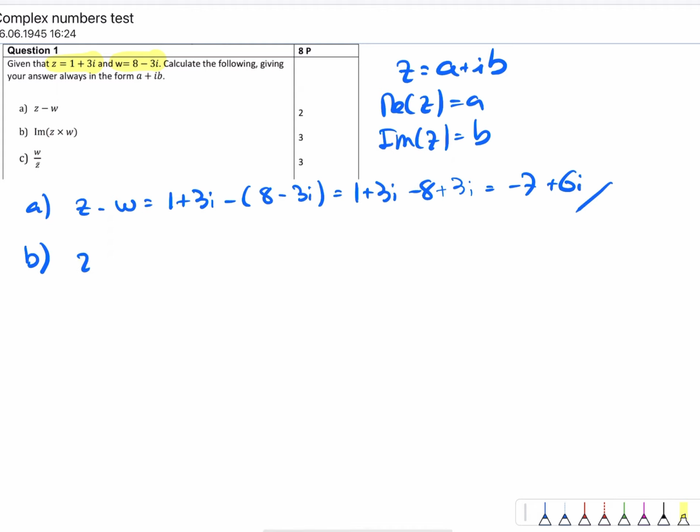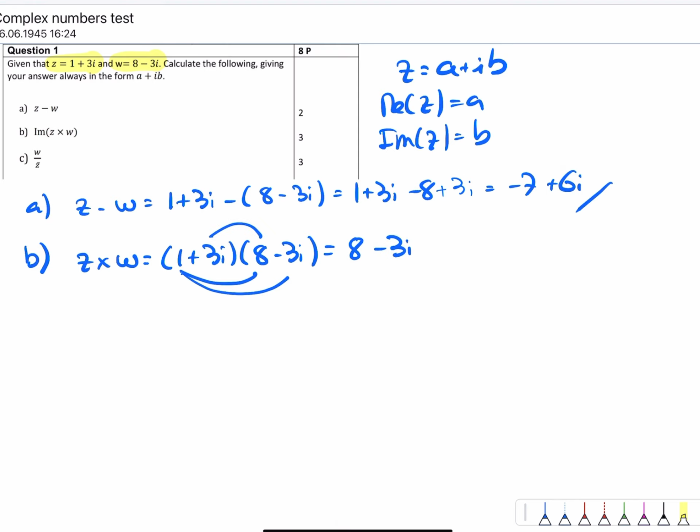The product would be z times w, so z is 1 plus 3i, w is 8 minus 3i. When we do this step by step, we get 8 times 1, 8, 1 times minus 3i, minus 3i, then 3i times 8 is 24i, and then 3i times minus 3i is minus 9i squared.